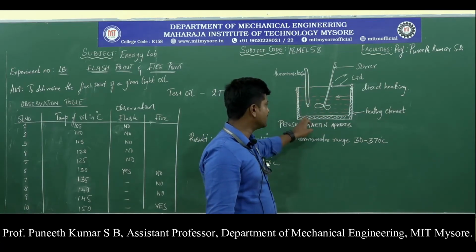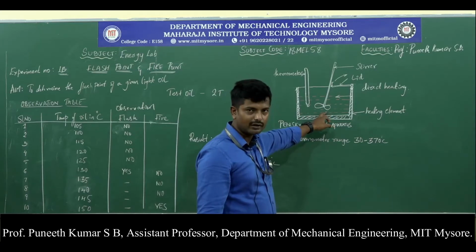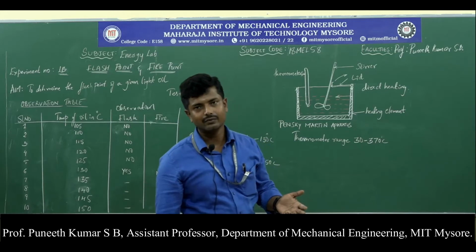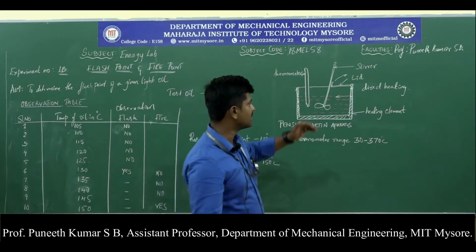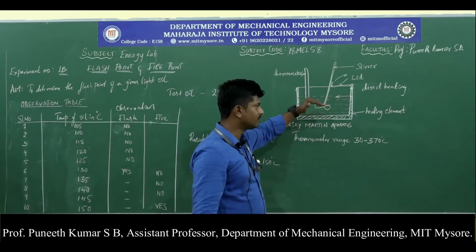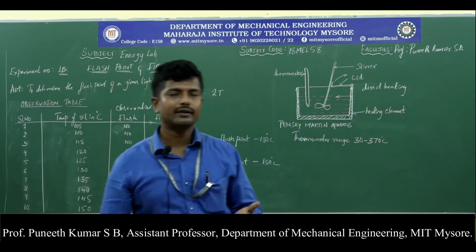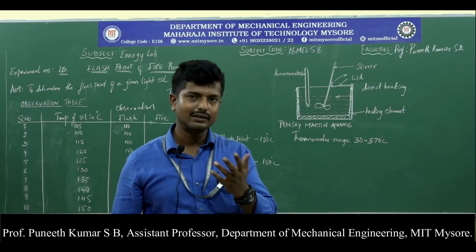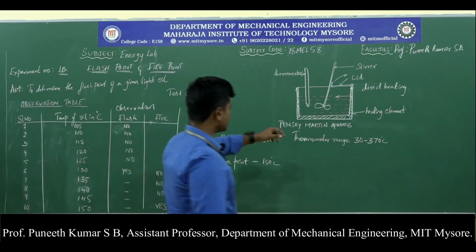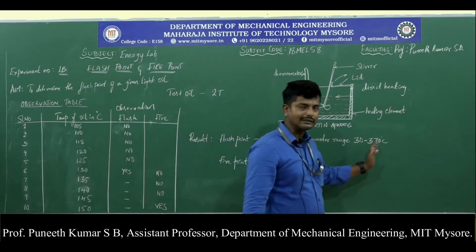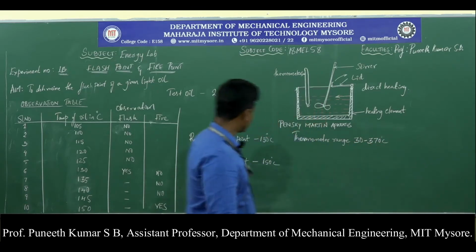The heating element is directly attached to the oil cup so that the temperature can cross 100 degrees centigrade very easily. The oils which we will be using will have a flash and fire point anywhere above 100 degrees centigrade. For that reason we have the thermometer range which starts from 30 to 370 degrees centigrade.